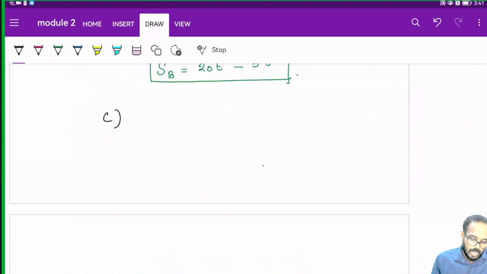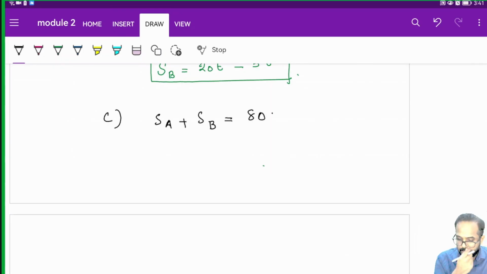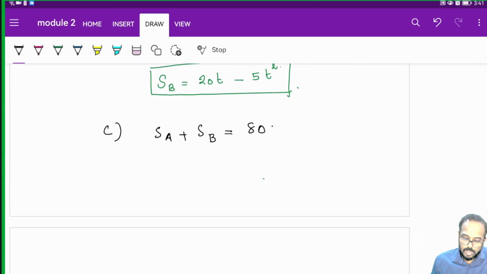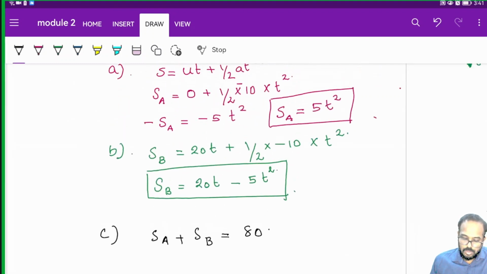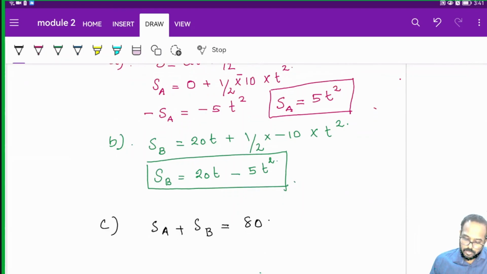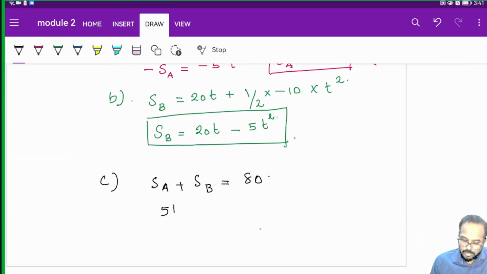So if you are adding both, SA plus SB, you should get 80. So SA is 5t square plus SB is 20t minus 5t square equal to what? 80.